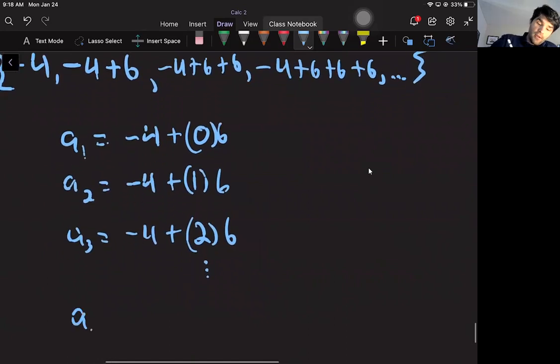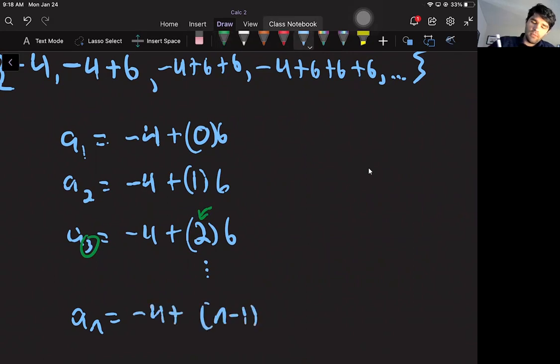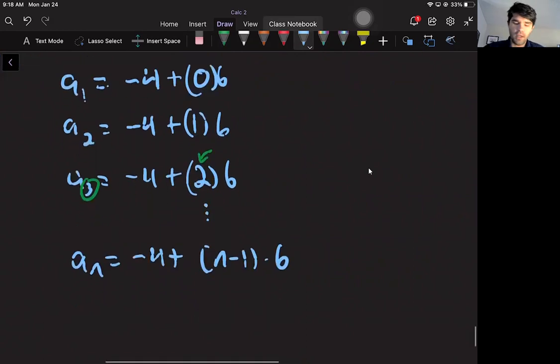So what's AN? Well, what's the connection between the thing that's changing and the index? It's 1 less again. So it's going to be negative 4 plus 1 less than n times 6. That's how many 6s you're adding.